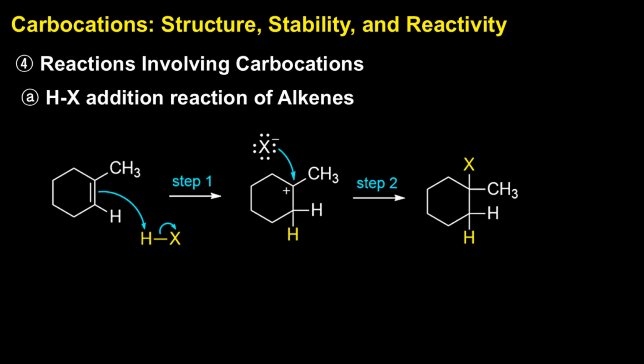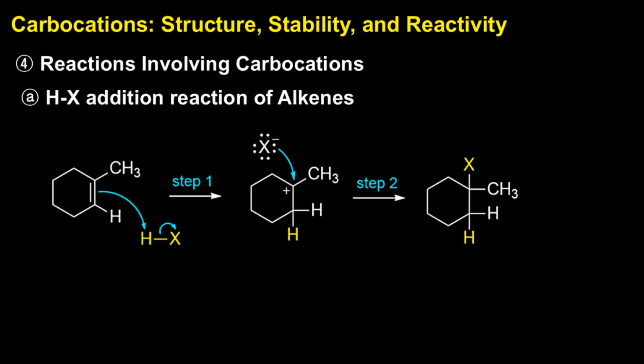Alright, now let's talk about some common reactions where carbocation ions actually show up. You'll see these intermediates pop up all the time, and they have a big impact on both how fast the reaction happens and what kind of product you get in the end. One classic example is the addition of hydrogen halides, like HX, to alkenes. Here's how it works.